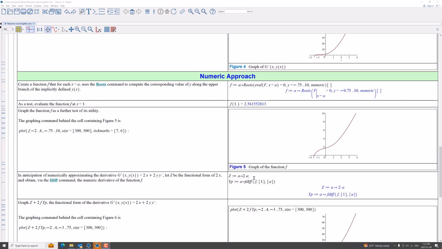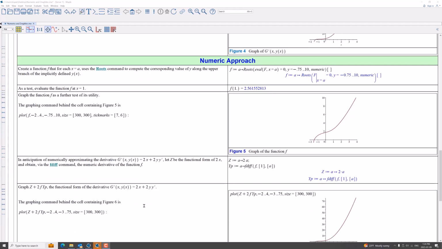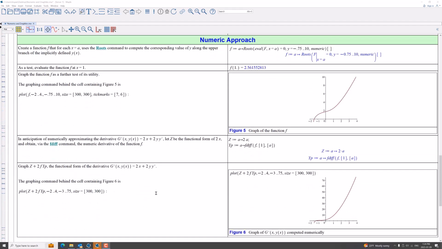So I ended up having to do this, make a function 2a, call that z. And then I've got this derivative, yp or y prime, and I've got that by fdiff. And here, this is the syntax peculiar to fdiff. You look up the syntax, and this is what you realize you have to do. And these are the two things I want to put together to get the derivative 2x plus 2y y prime.